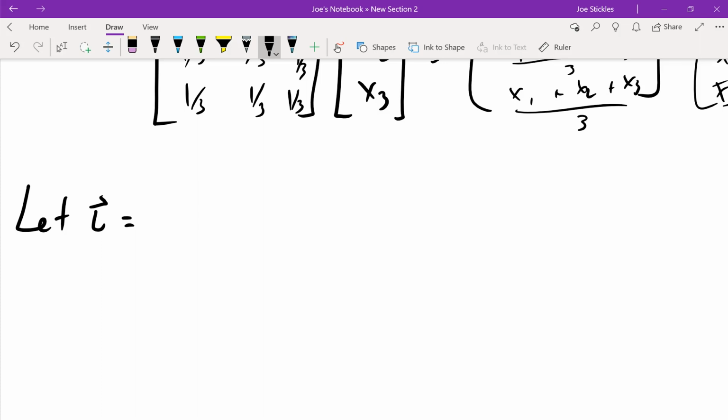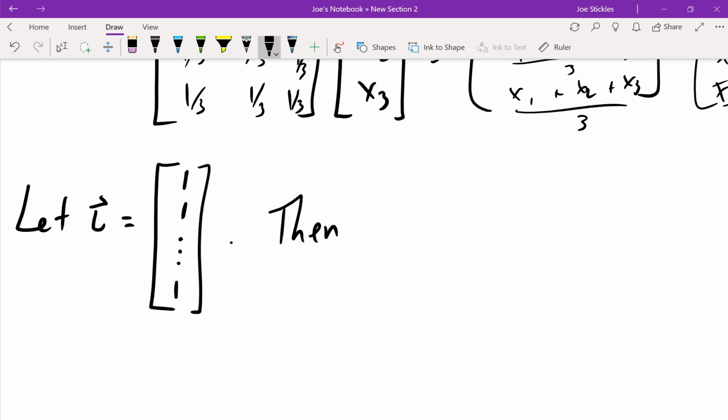So I'm going to write it as a vector I, but what I really mean is I want the vector, column vector with all 1s. And let's just suppose that this is an n by 1 matrix.